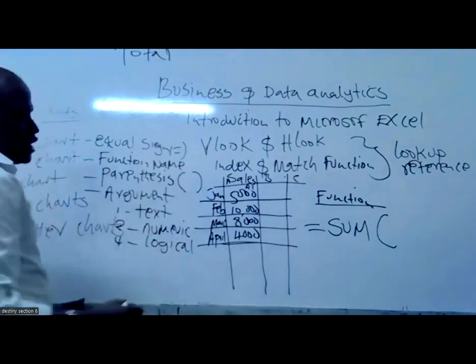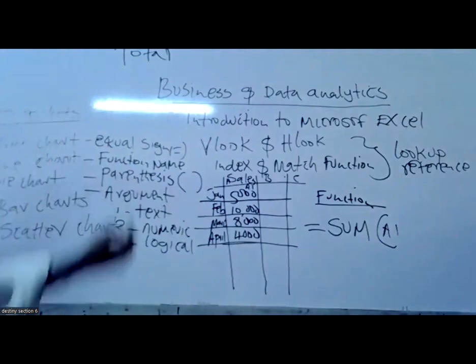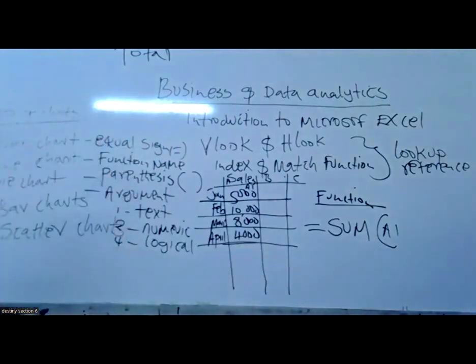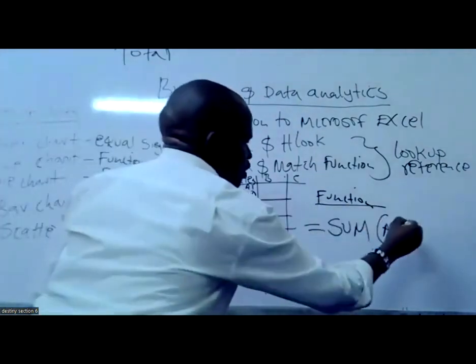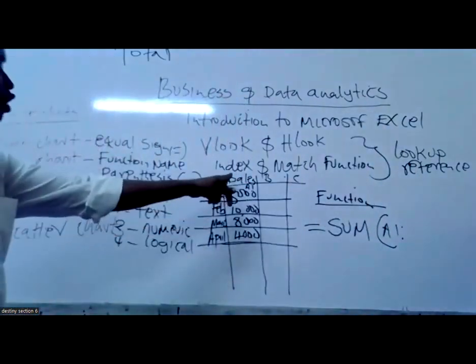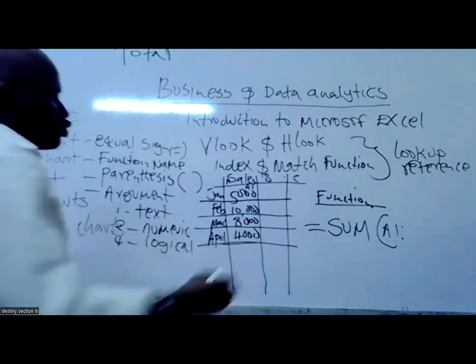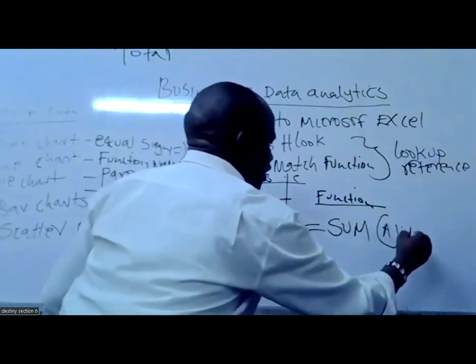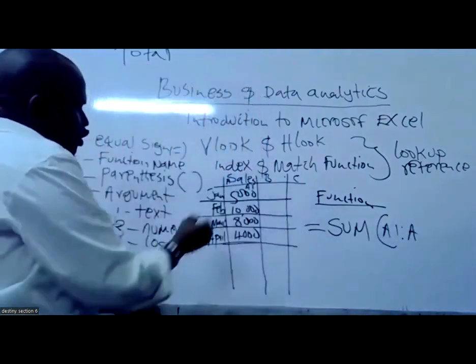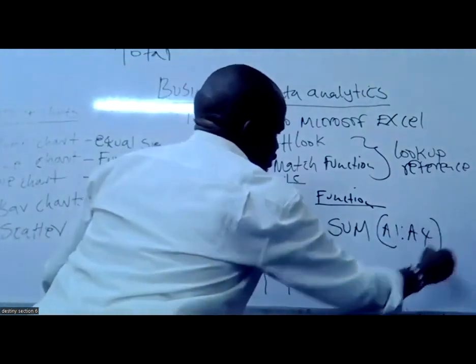That is the cell address. So I type A and then 1, that is column A and row number 1, and then 2, then I put a colon. Column A and then row number 4: 1, 2, 3, 4. And then I close the parentheses.